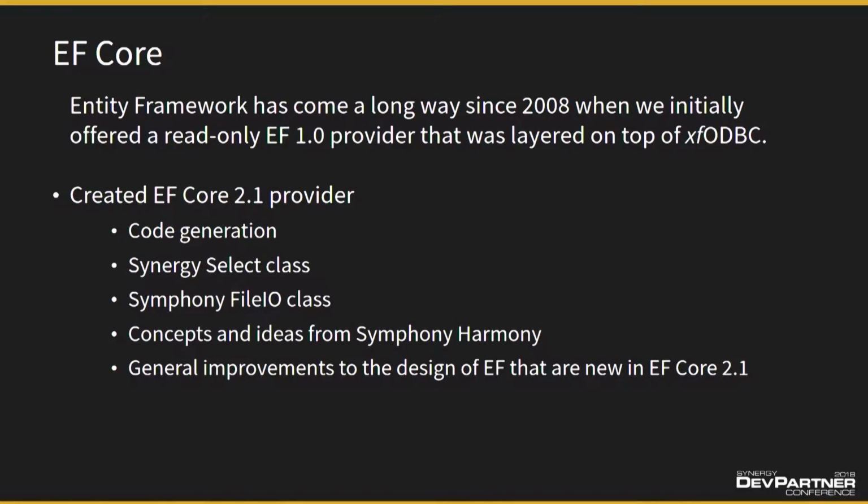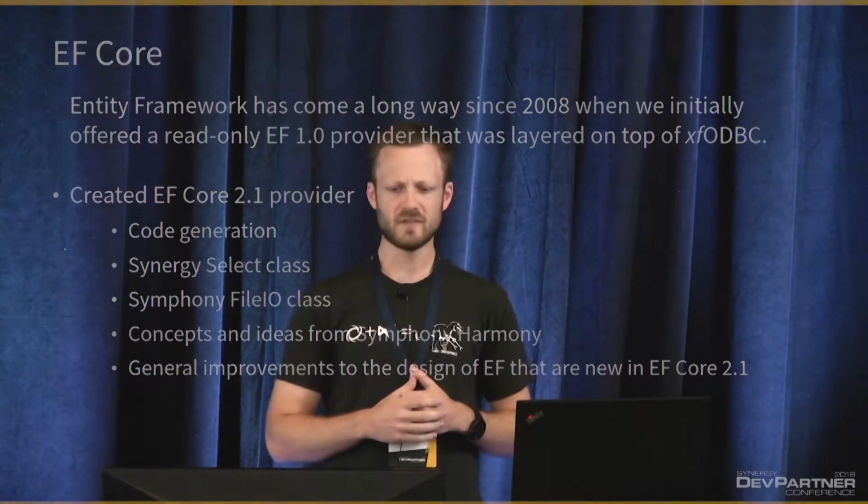So Entity Framework, we provided a mostly read-only EF 1.0 provider back in 2008 that was layered on top of our XFODBC support. And things have changed a lot over the last 10 years. So we're currently on EF Core 2.1, and the transition from EF 6 to EF Core was a complete rewrite of the entire product.